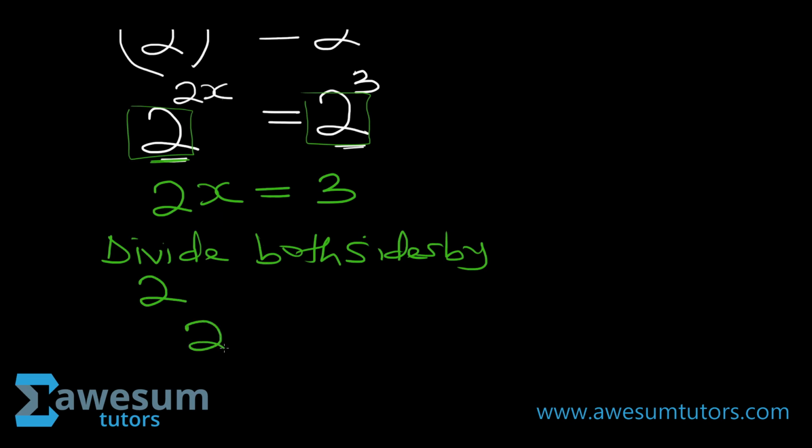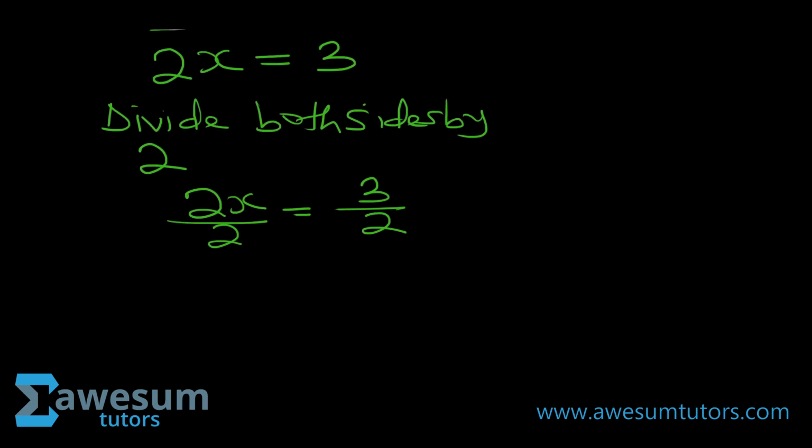So that will be 2x over 2 equals to 3 over 2. Interesting. So that means in that case I can have 2 cancel 2 right here, then it remains x equals to 3 over 2.